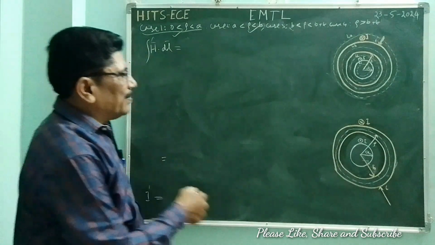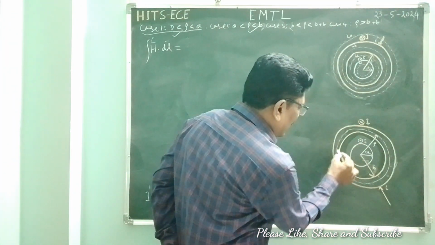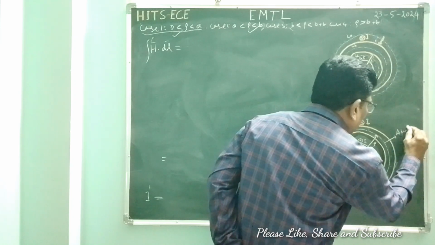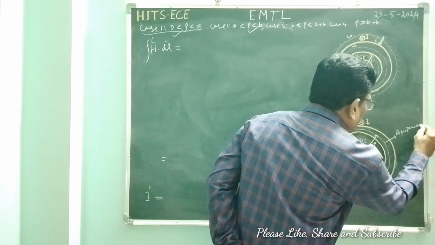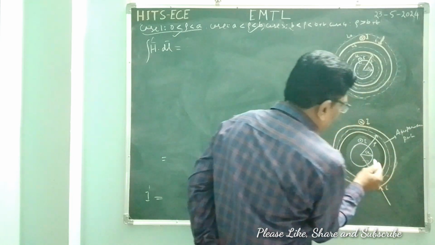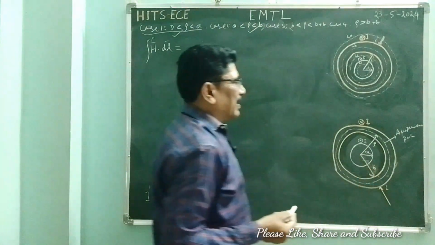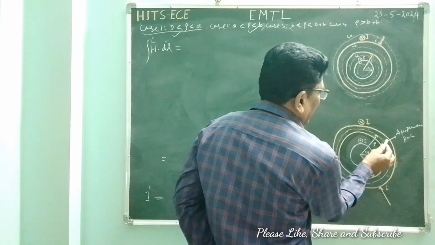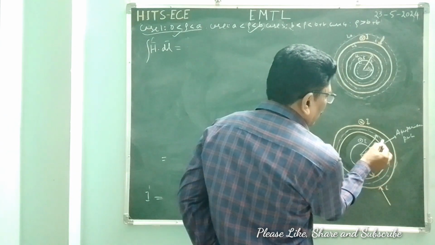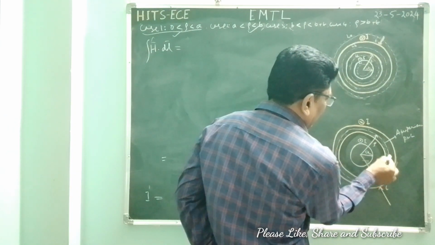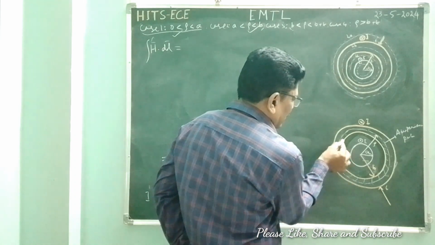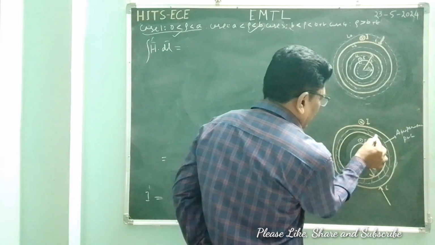What is the current enclosed by this Amperian path? It is enclosing the inner conductor current completely, and it is enclosing part of the current flowing through the outer cylindrical conductor. So this dashed line, this current it is enclosing.